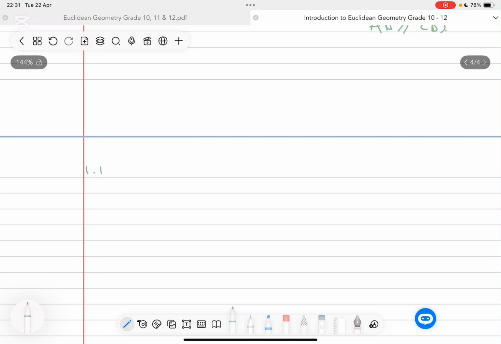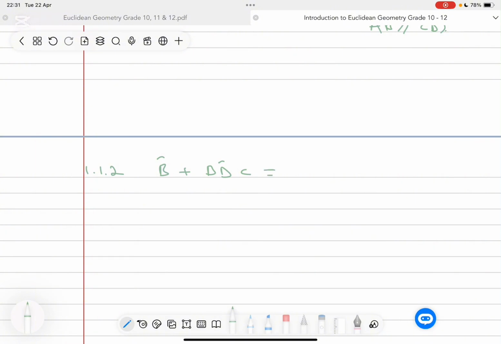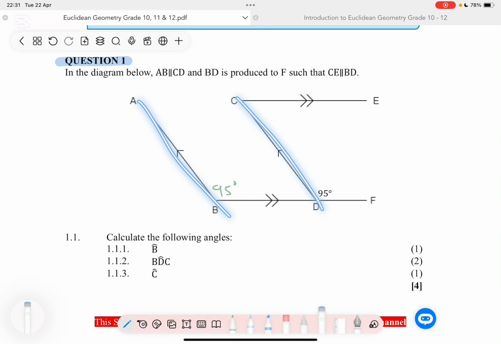Under 1.1.2, I will say that angle B plus angle BDC, when we add them, must be equal to 180 degrees. The reason for that is that they are co-interior angles because line AB is parallel to line CD. These two lines are parallel, and they make these two co-interior angles because there's a transversal there.